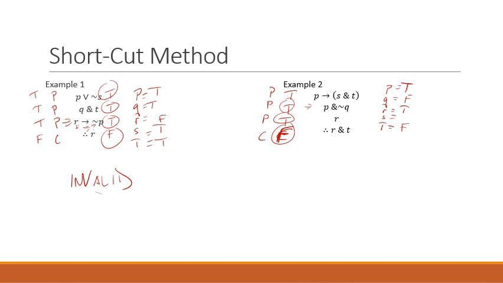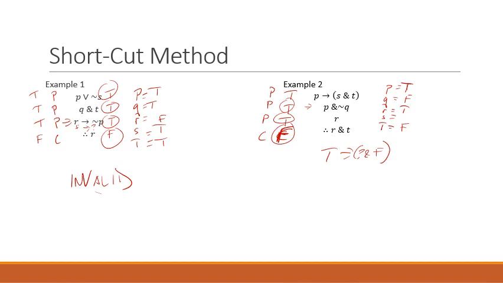So let's see if we can do anything about this first premise. So the first premise is P arrow, S and T. So we know that P is true and T is false, and we don't know about S. But it looks like no matter what we do with S, we're going to end up with something false.